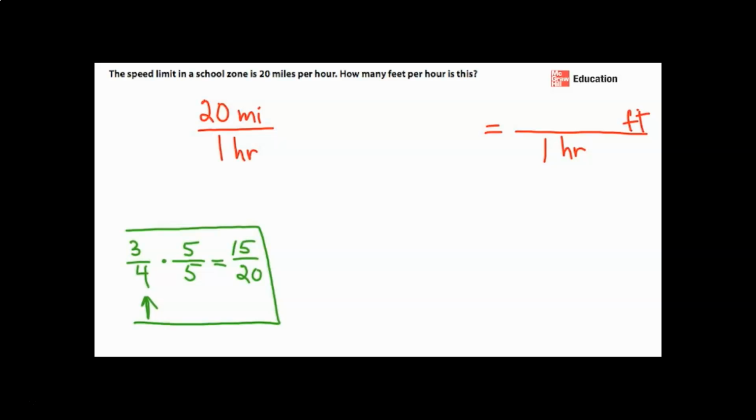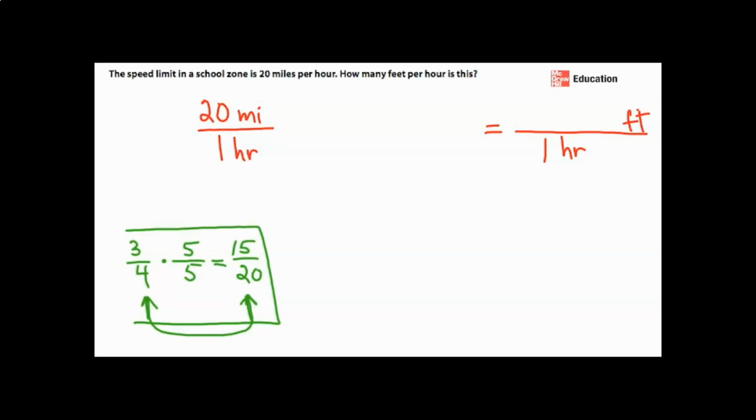Now this end result, this 15/20, looks very different than 3/4. And yet if we simplify 15/20 by dividing numerator and denominator by 5, 15 divided by 5 is 3, 20 divided by 5 is 4, we realize that even though this second fraction looks very different, these two fractions are equivalent.